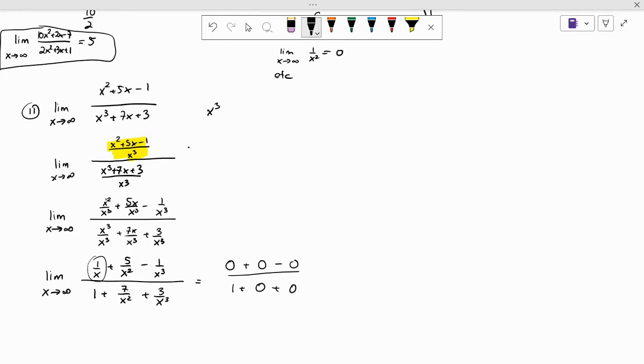So at the end of the day, what do you get? 0 divided by 1, which is equal to? That's right. So 0 divided by non-zero is 0, and that's a perfectly legit number. So that's our limit.